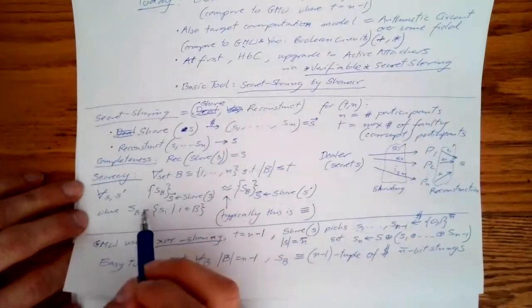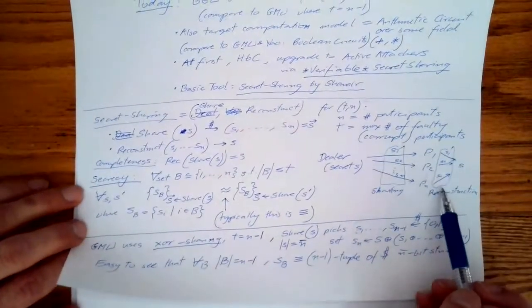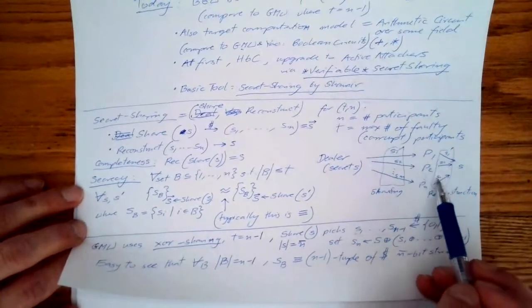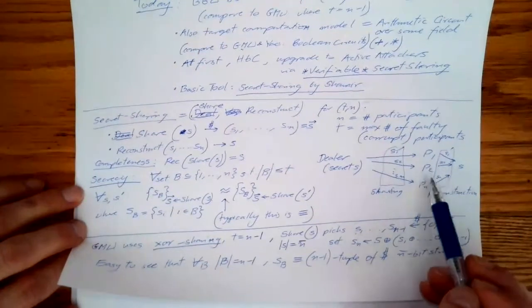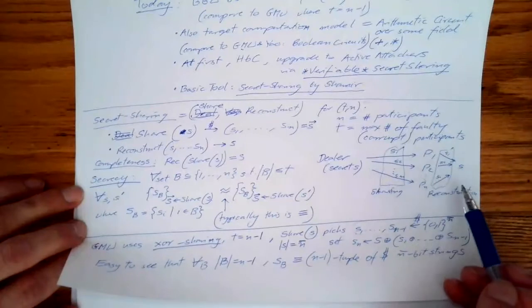So far, we're concerned just with secrecy, but another concern of secret sharing will be, what if in the reconstruction some of these players give out erroneous shares? So not only do they try to learn what the secret was, but when it's time to reconstruct, they substitute the true share with some other one.